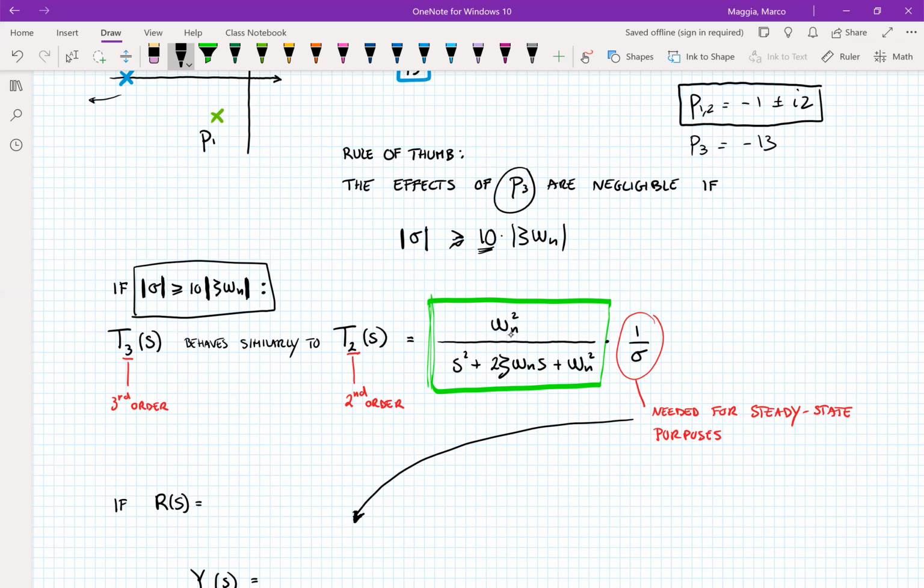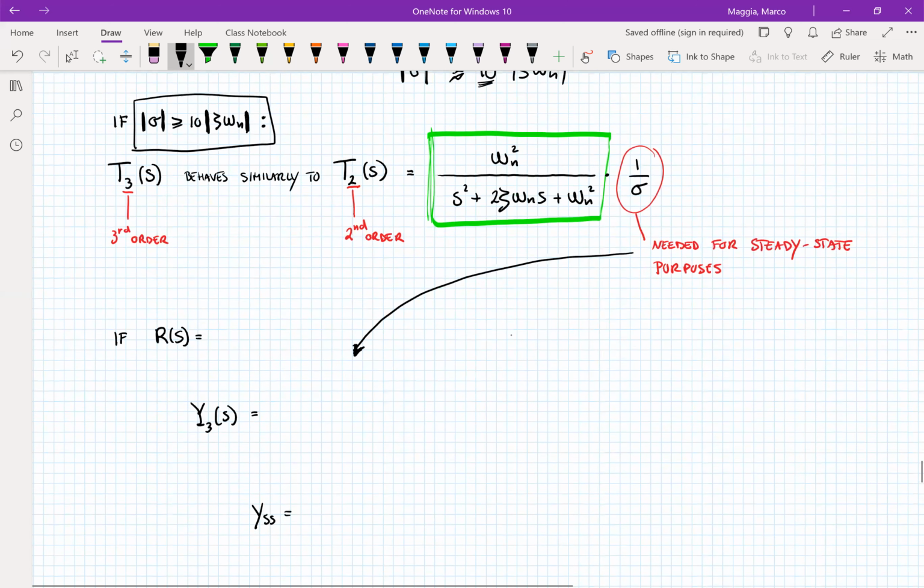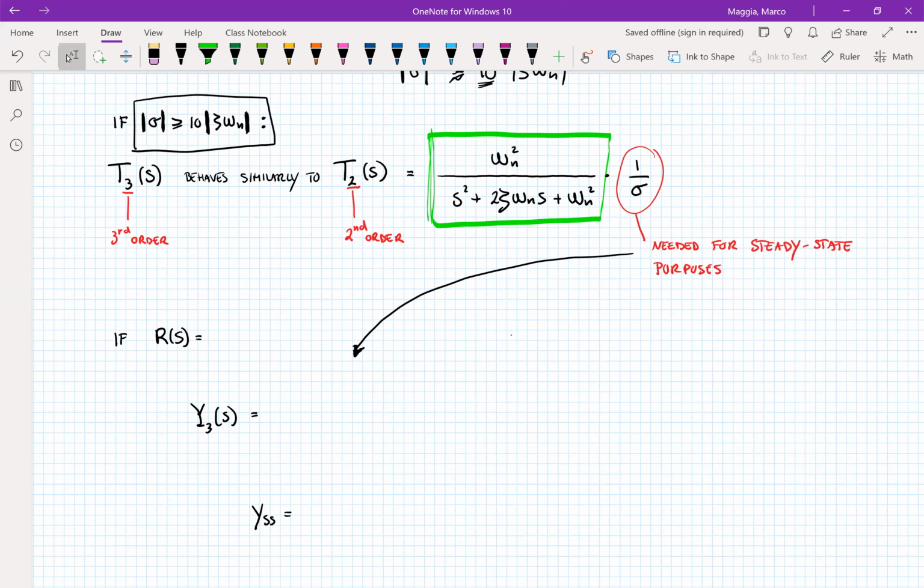And let me show you what I mean with that. So let's consider a step input. So R of s is equal to 1 over s. Therefore, the output of the actual third order system, now let's consider just the third order system, and I'm going to call it Y3, 3 because of the third order, is equal to the transfer function T times the input.